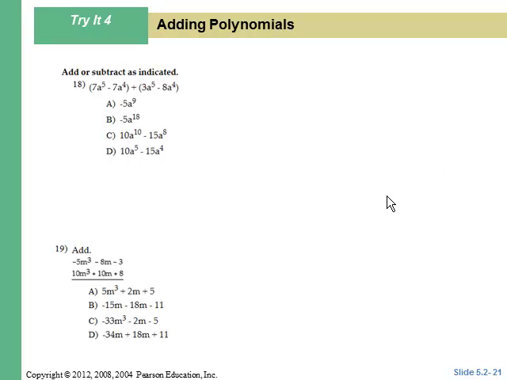Okay, well, we find the like terms first. a to the 5th, 7 plus 3 more, makes 10a to the 5th. Negative 7 minus 8 more is minus 15a to the 4th.